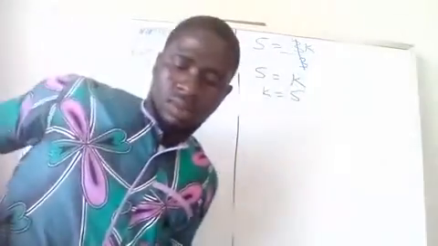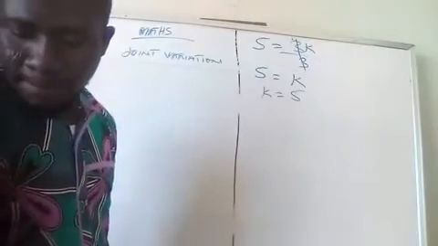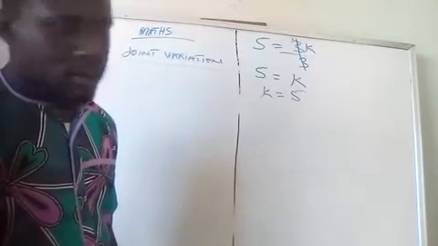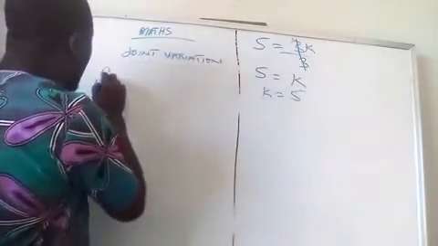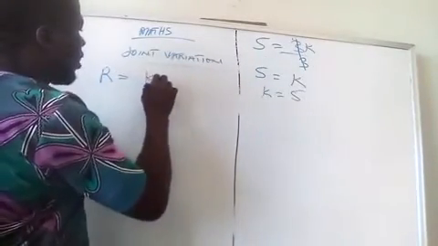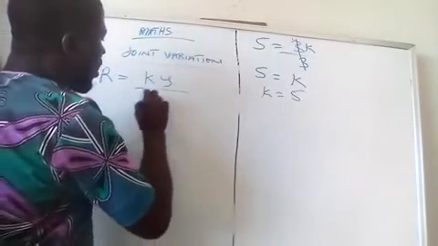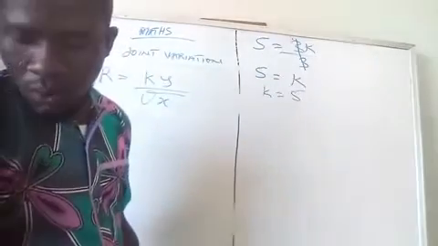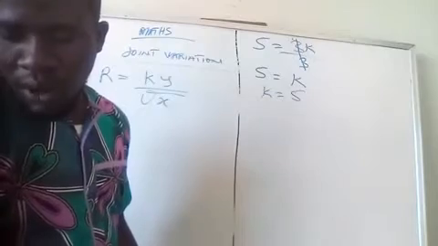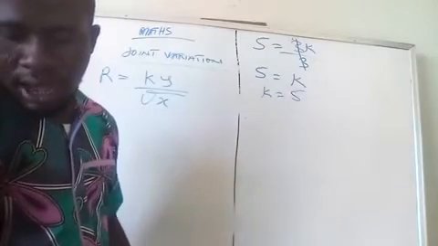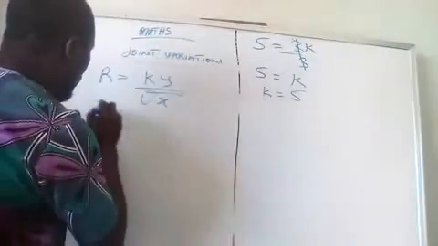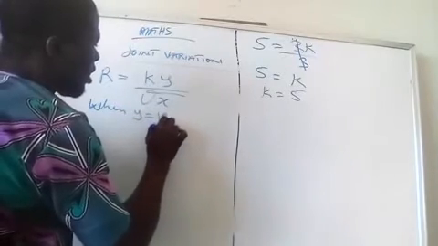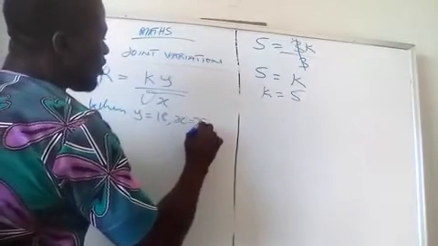It said find the value of R. That's where we have R equal to Ky over the square root of X. So we should find the value of R when Y equals 18 and X equals 25.